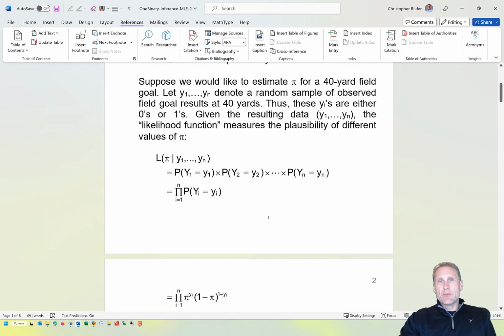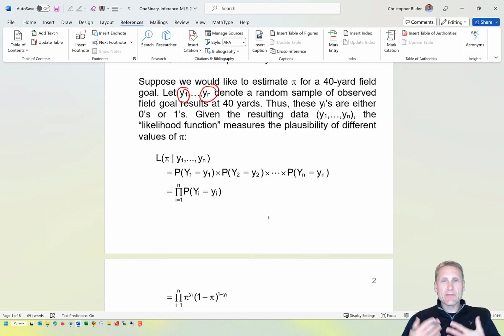Now, to estimate this pi, suppose we're interested in a number of field goals that have similar characteristics about them. Maybe, for example, they're all 40-yard field goals. And so what we're going to do is take a sample of field goals performed at this particular distance. The first sample value is going to be denoted as y1, where this could be 0 or 1. The second one is going to be y2, and the nth one will be, let's say, y sub n.